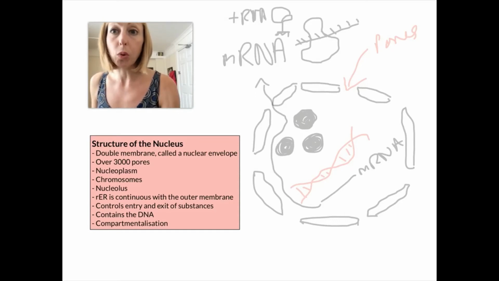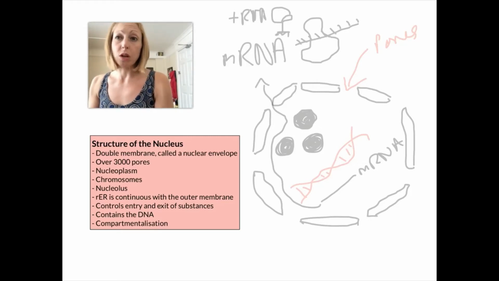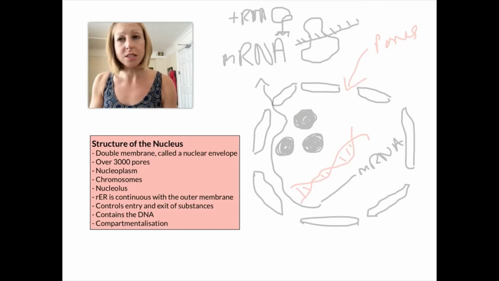But basically, the pores are small enough to allow large molecules out, like messenger RNA, but small enough also to make sure that the DNA, which is an even bigger molecule, stays inside the nucleus. Now the other role of the nucleus is really to help compartmentalize any chemical reactions that are going on inside the nucleus.